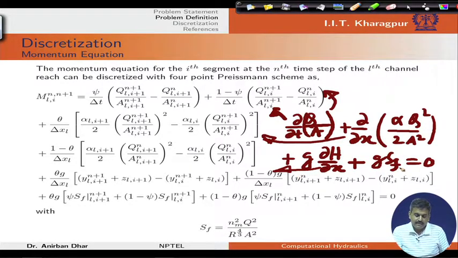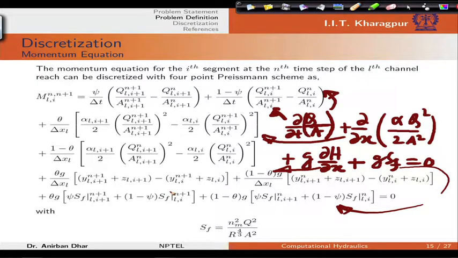S_F is a combination of theta and psi. In this case I have not written the superscript n plus 1 for z because z is not varying with time. z is fixed bed elevation, that means we are considering a rigid bed channel here.